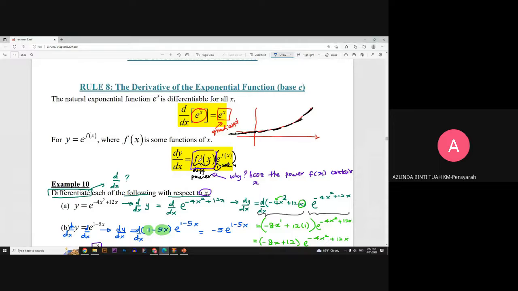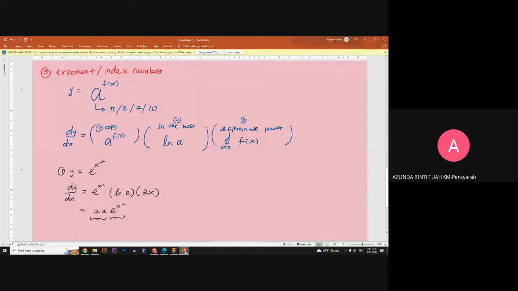In fact, it already went through 3 steps. It's just that ln e disappears because its value is 1. So whatever the base is, it actually went through 3 steps. If the base is e, we just don't see ln e since it equals 1. If the base is not e, for example 2 to the power of x cubed, then we can see it went through 3 different steps.